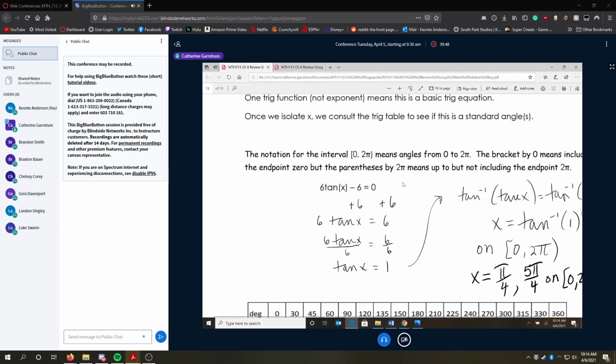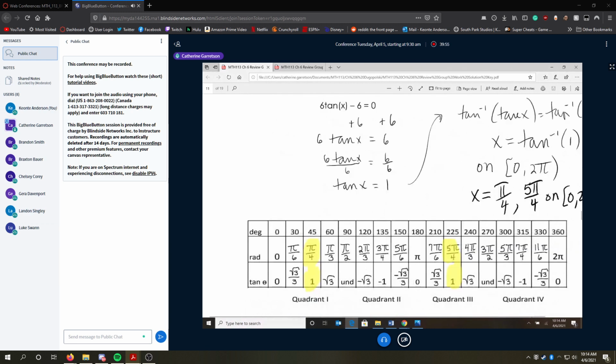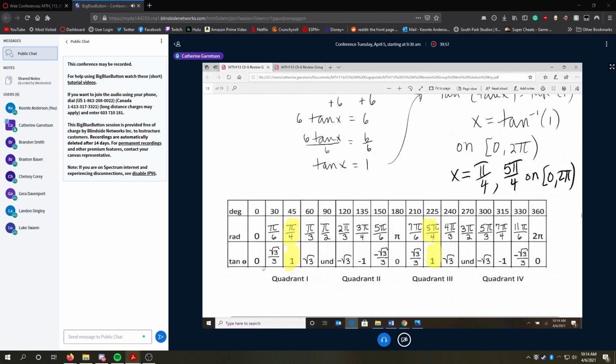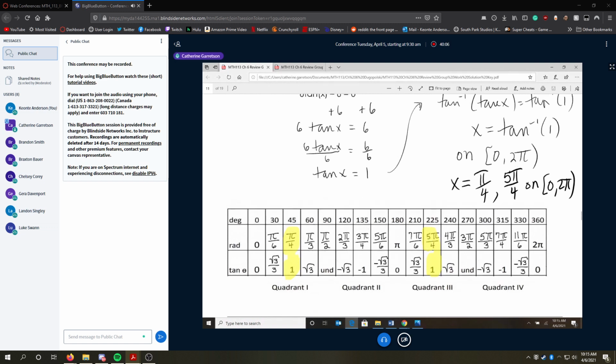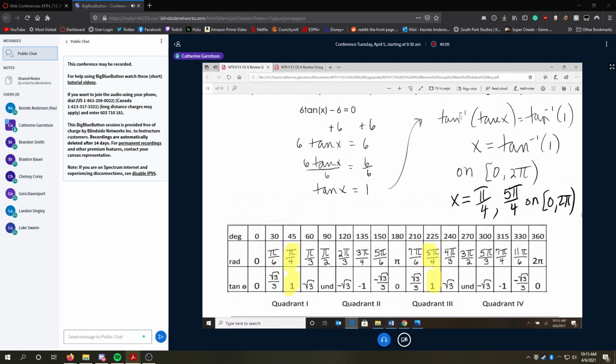So I undo the subtraction, then I undo the multiplication. And now I'm going to look, when is the tangent equal to 1? And it's at pi/4 and 5pi/4. Now, you can take the time to do the inverse tan and solve it for x, or you can just from this point look for 1 on your tangent row, and the answer is the angle.